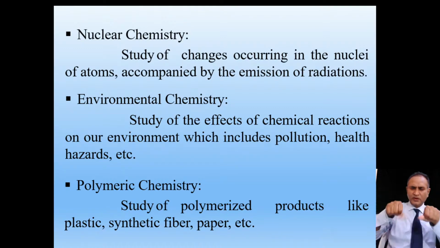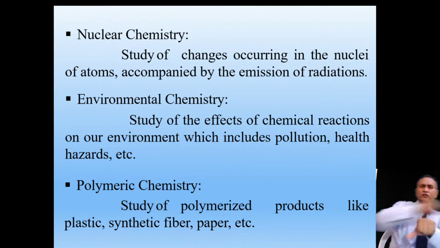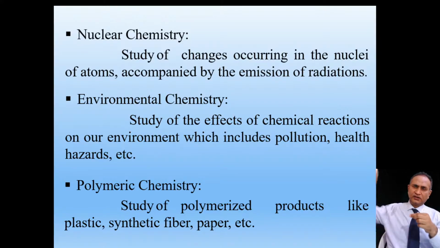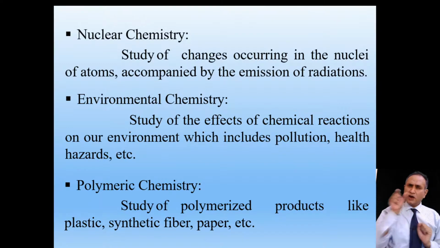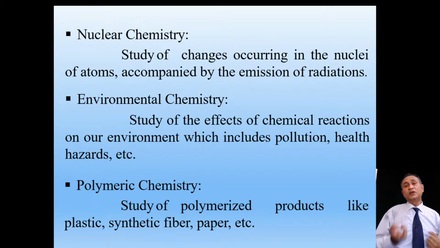So one monomer combines with another monomer, with the third one, the fourth one, the fifth one, like a chain. One loop, second, third, fourth, fifth, sixth, hundreds and thousands. So small molecules, monomers, combine together to form a bigger molecule. This process is called polymerization, and the product is called a polymer, and its study is called polymeric chemistry.